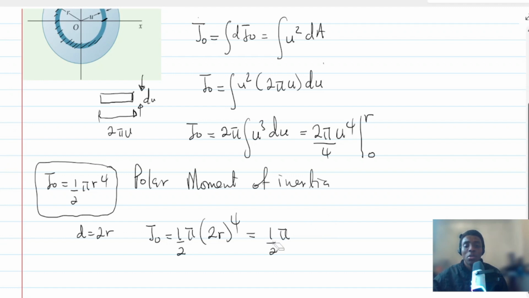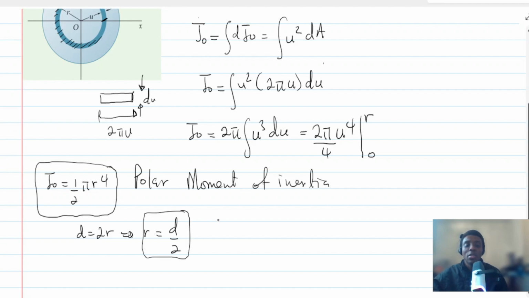Oh, sorry, there is a mistake here. We know that d equals 2r, so r is going to be d over 2. I'm sorry for that. So we put d over 2 inside.